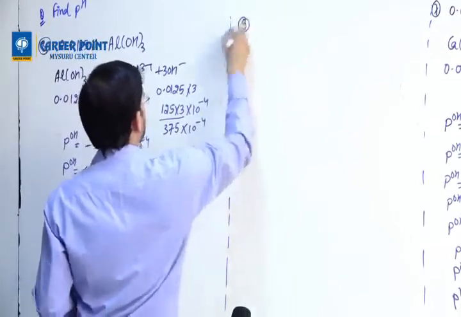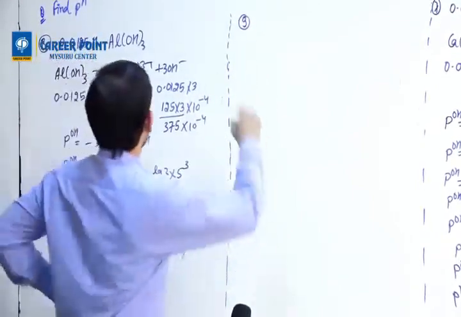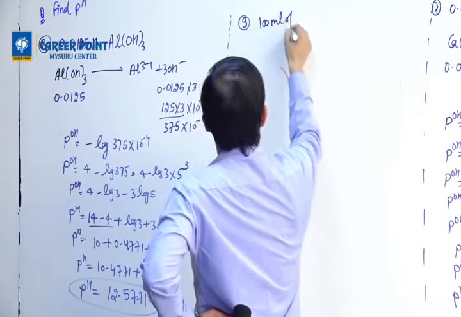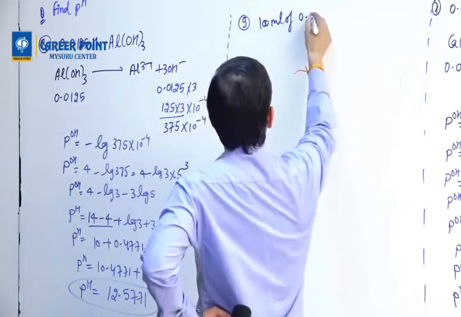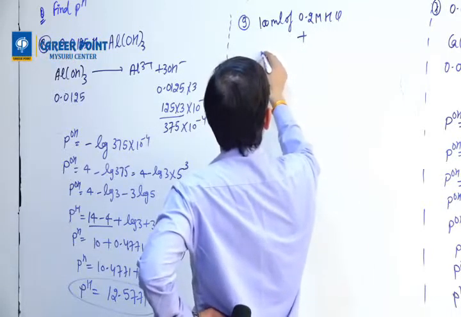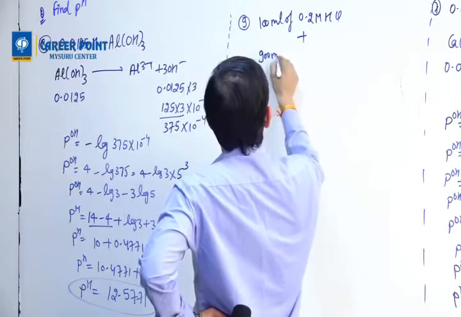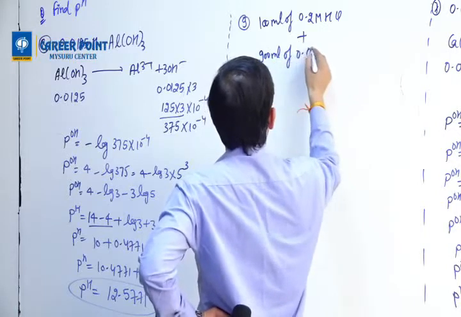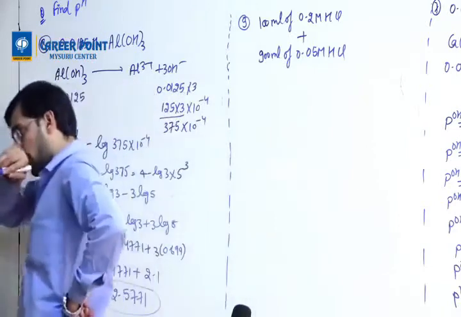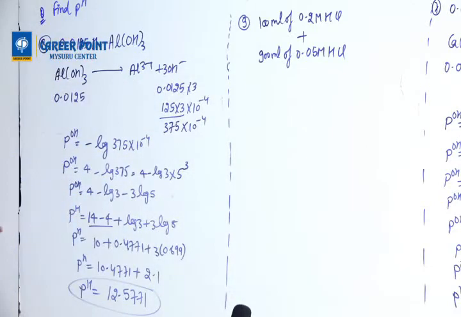Question number 9 goes like this. 100 ml of 0.2 molar HCl is mixed with 900 ml of 0.05 molar HCl. This is one question.